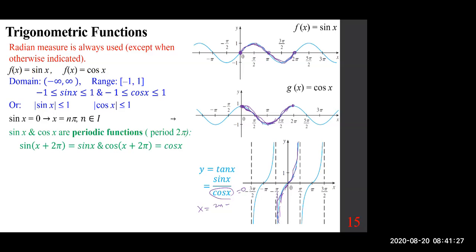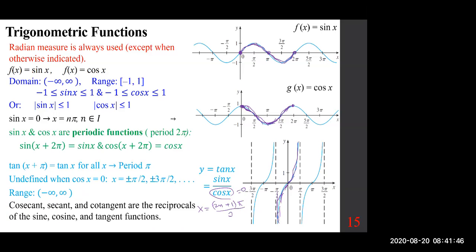Cosine x becomes 0 at n plus 1 times pi over 2. I hope you remember that. And so the domain has a restriction, but the range doesn't.